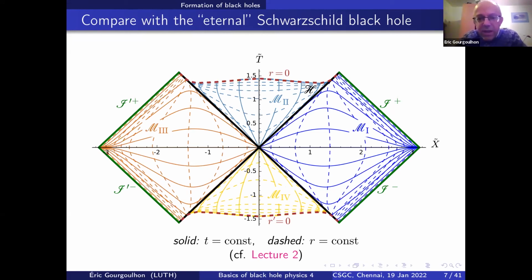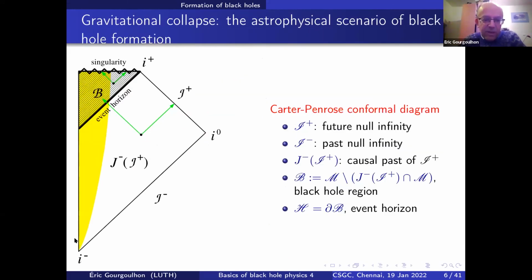For instance, it was created at the birth of the universe or something like that. This means that it is not created by gravitational collapse, and in particular, it contains regions which are totally absent in the astrophysical black hole. The astrophysical black hole is that one, which is formed by gravitational collapse.